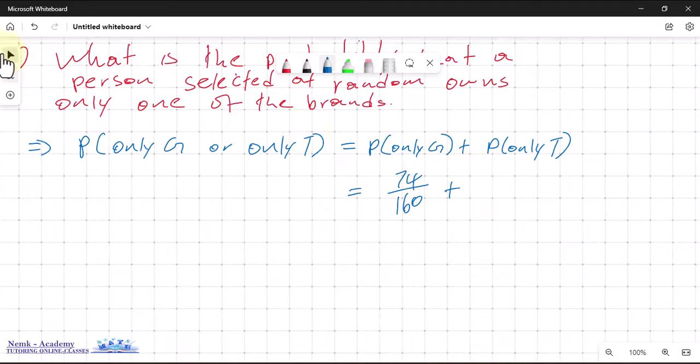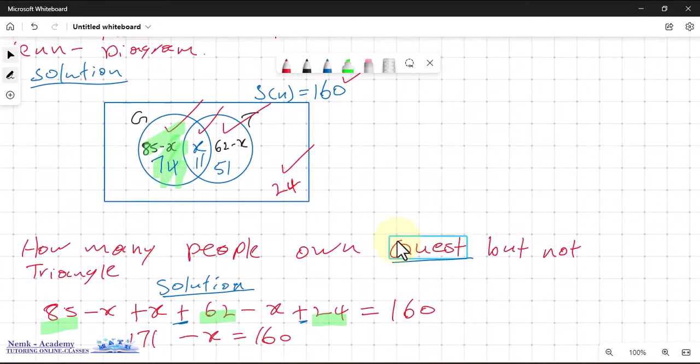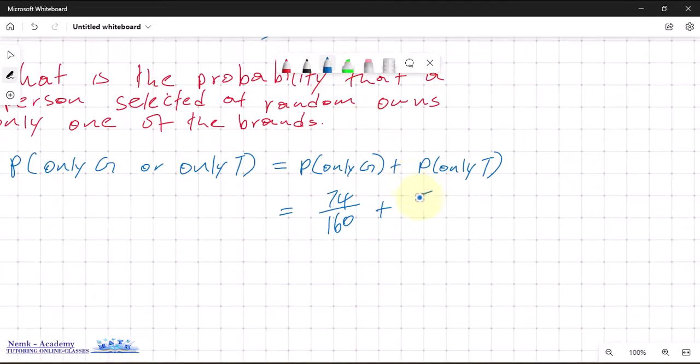Let's go back. Only T. How many? No, it's this one. 51. Yes, it's 51. 51 over what? 160. Then 0.78. There it is. Then our last question.